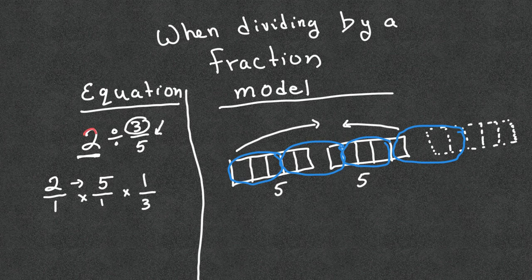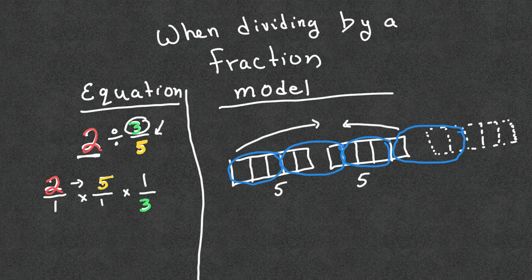So I started off with 2, and that didn't change at all. That still stayed there, right? But then I took my 3/5 and I changed it, and instead of being in my numerator, my 3 got put into my denominator. And my 5 here that was in my denominator is now in my numerator.